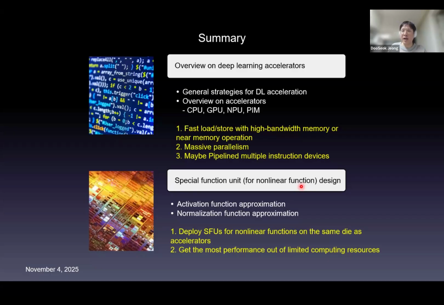What if I have a special function unit together with this PIM on the same chip? You don't really need to depend on just single instruction, multiple thread, but instead you can play with optimal scheduling, so the partial data can be processed. In this way, you can do a sort of pipelining of this operation.